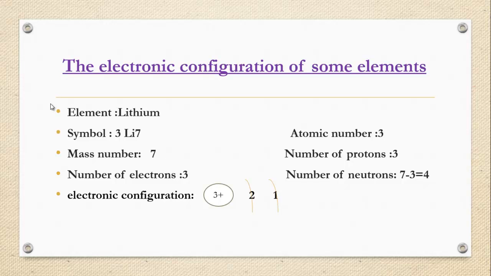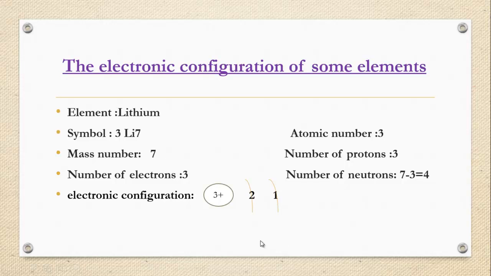Again, 3 is the number of protons, and 7 is the number of protons plus neutrons. So if you want to calculate the number of neutrons, it equals the mass number minus the atomic number. 7 minus 3 equals 4. This is the number of neutrons.